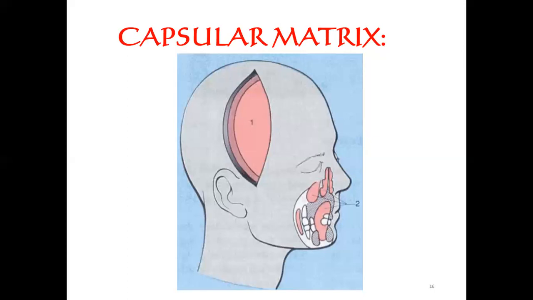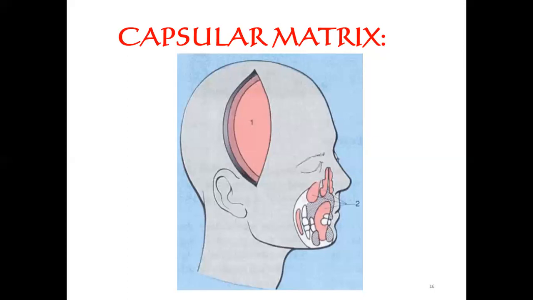What functional matrix theory says is, as he or she grows, as maturation takes place, functional demand also increases, and these air spaces start expanding. As the air spaces expand, all the microskeletal units, tissues, and organs sandwiched between these two layers also get displaced. So the effect of capsular matrix is a secondary effect.